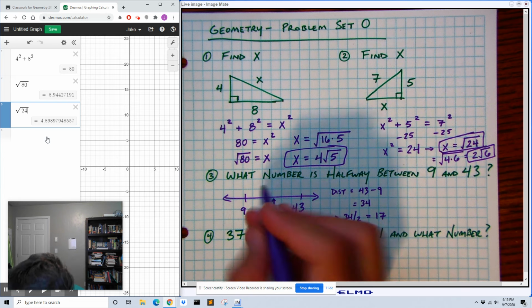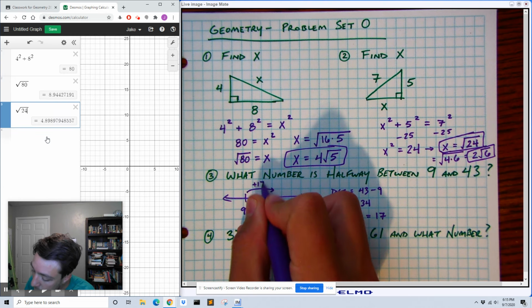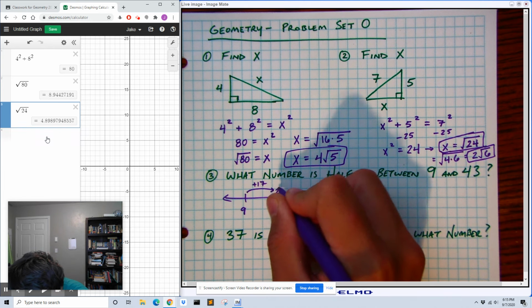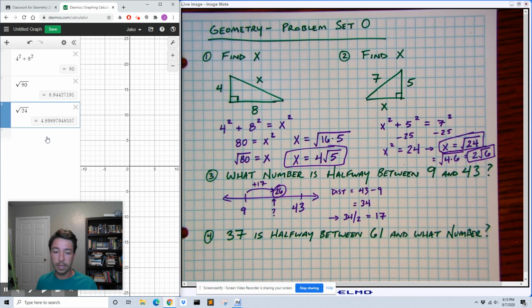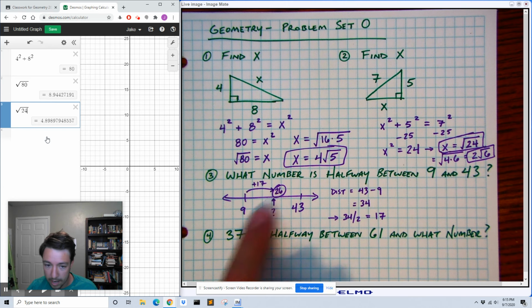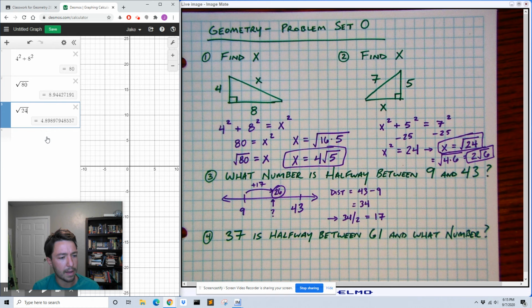So let's add 17 onto my 9, and we get 26. Okay? So then the question is, is that correct? Well, 26, if you subtract those, you'd get 17. And if you subtracted those, you would also get 17. So that means that 26 is halfway between.